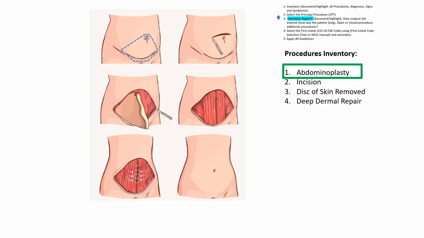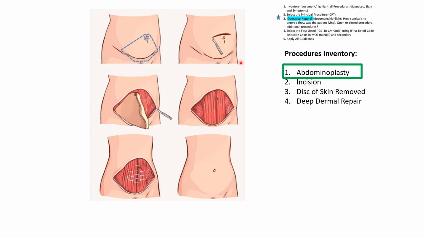So how do we know? Well, this is going to take us understanding what the procedure is. What is an abdominoplasty? So I've got an image of an abdominoplasty, and in the first picture, you see where the surgical site was outlined, and then in the second picture, incision is made.